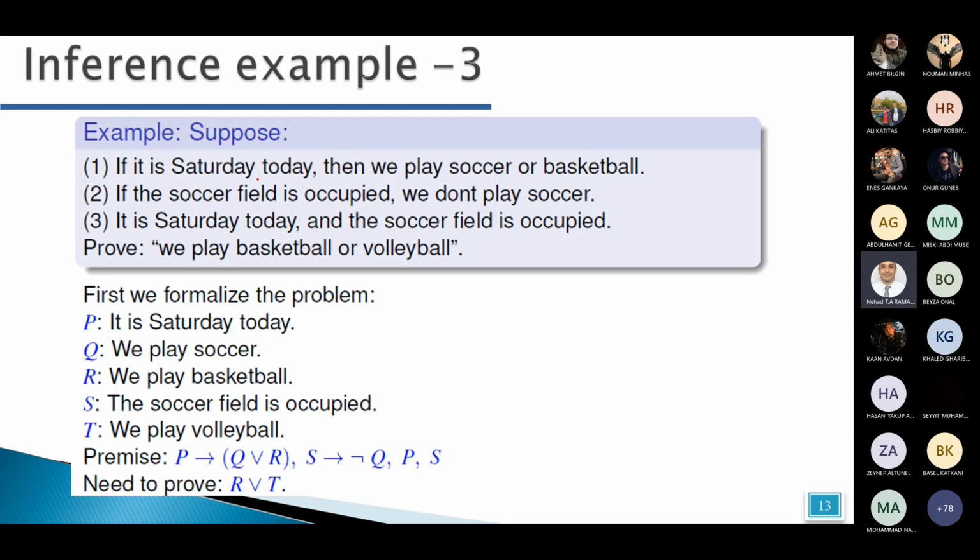If it's Saturday, this means if today is Saturday, we can consider it as P. Then we will play soccer or basketball.